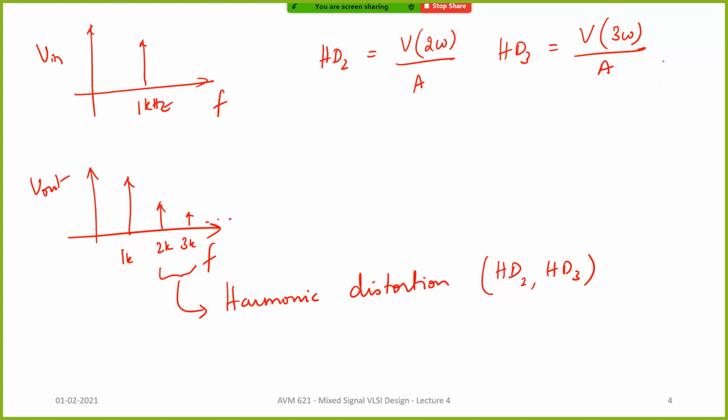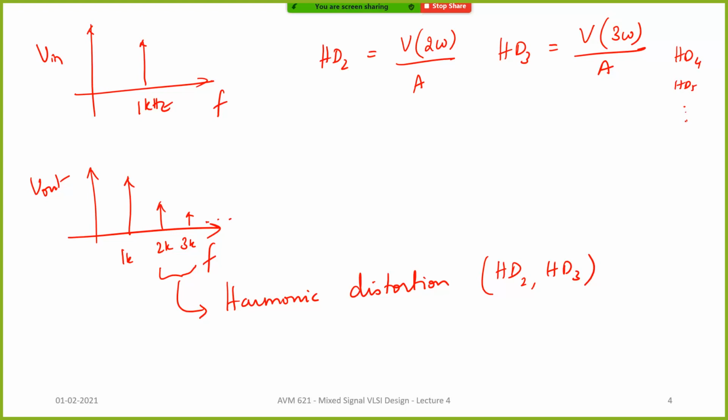So you can go on and define HD4, HD5 and so on. Okay. Usually, depending on the degree of non-linearity of any system, you will go and define as many terms as are relevant. Otherwise, after that, it will just go below the noise floor. Okay. Is it clear? Is it making sense? Yes. Yeah. Okay. Yes, sir.